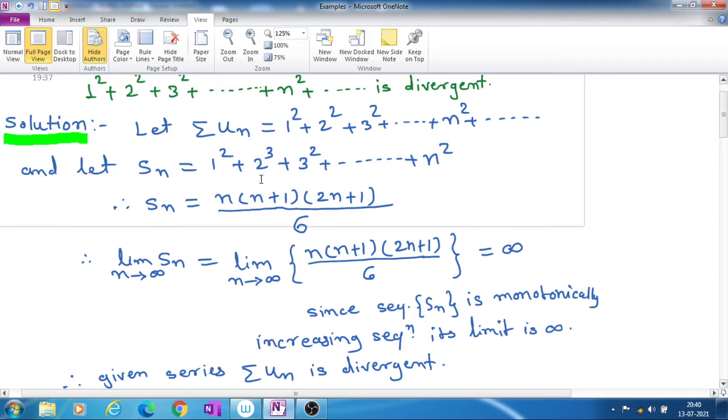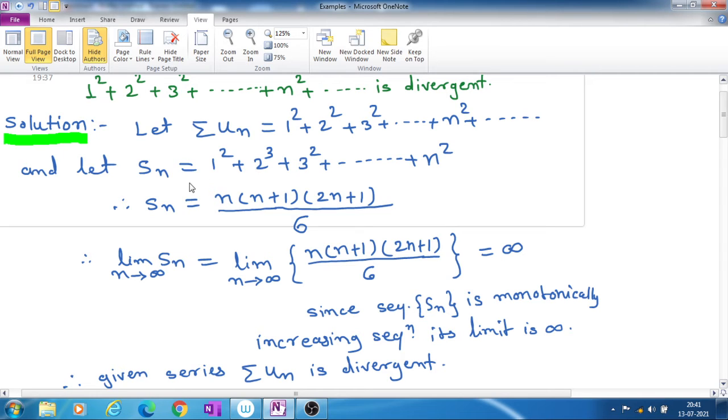So to say whether this series is convergent or divergent, we have to first find out Sn and find out the limit of Sn. So Sn is equal to, what is meant by Sn? It is the partial sum of the first n terms.